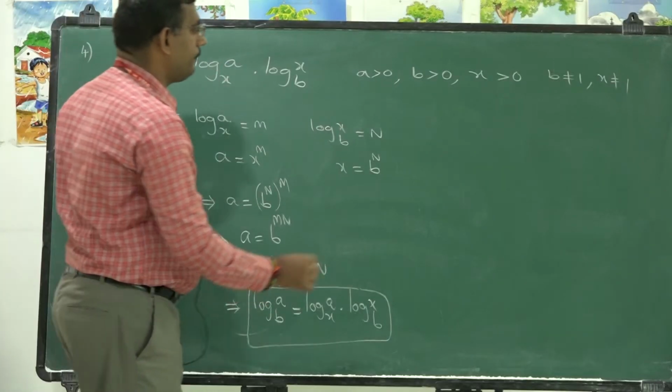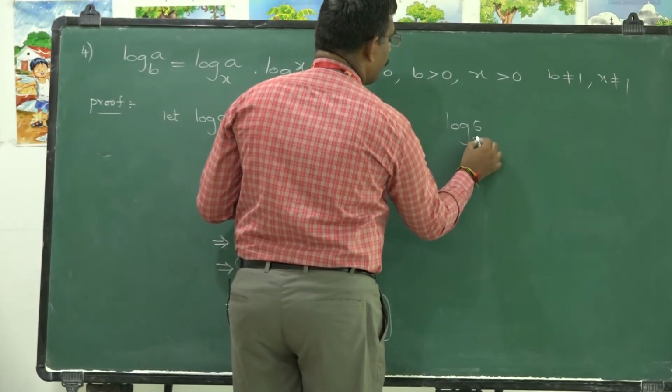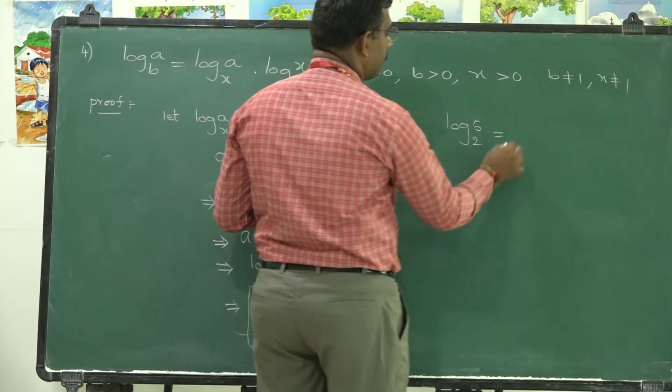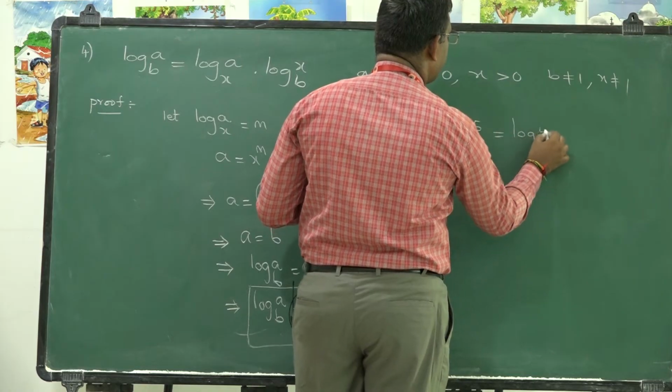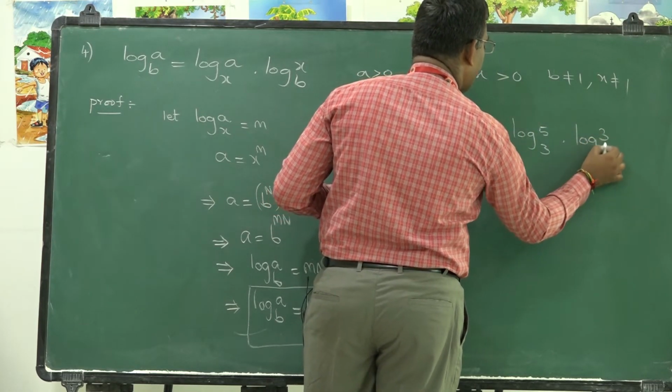For example, log 5 base 2 is equal to log 5 base 3 into log 3 base 2.